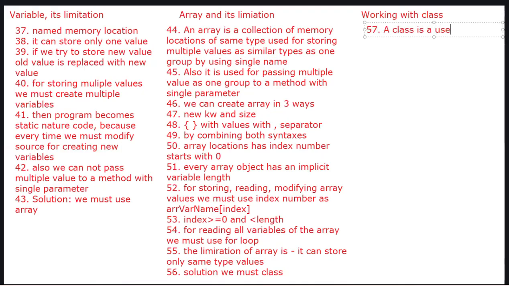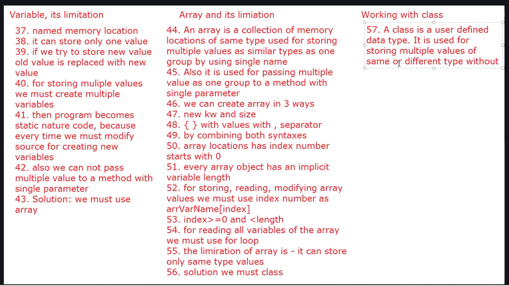A class is a user-defined data type. Correct definition. It is used for storing multiple values of same or different type as one group with a single name.